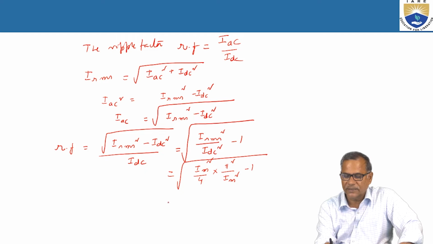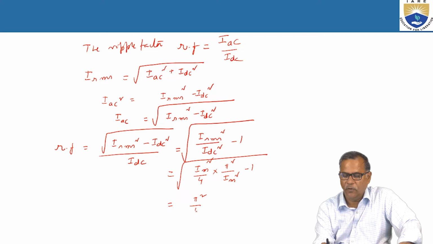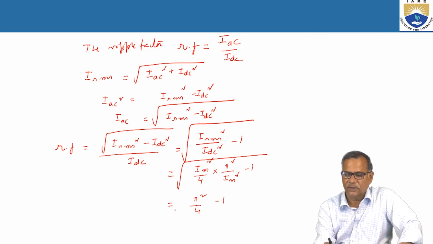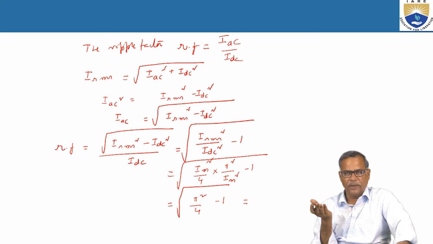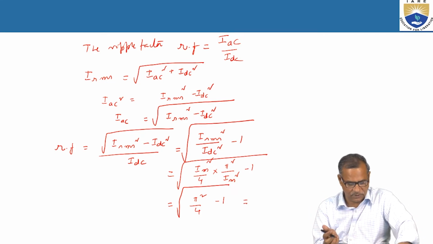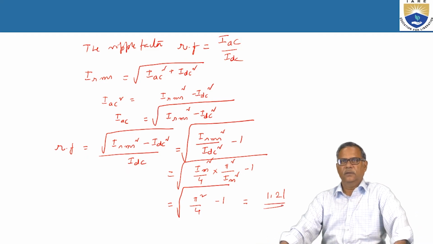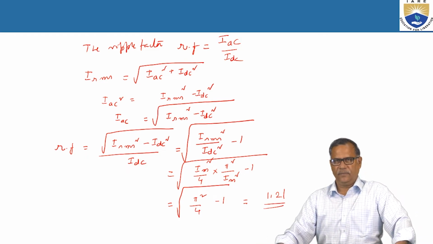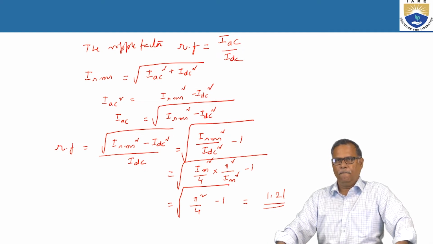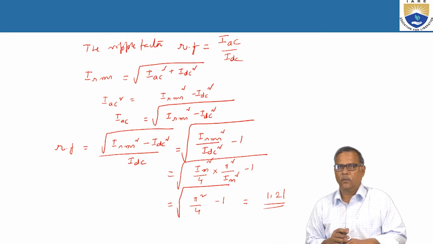So this is equal to root of pi square divided by 4 minus 1. So this is the ripple factor. So pi is 3, so 9 by 4 minus 1. This will give us the value as 1.21. So this is the ripple factor. The ripple factor is very high for a half-wave rectifier. Ideally, the ripple factor should be 0.